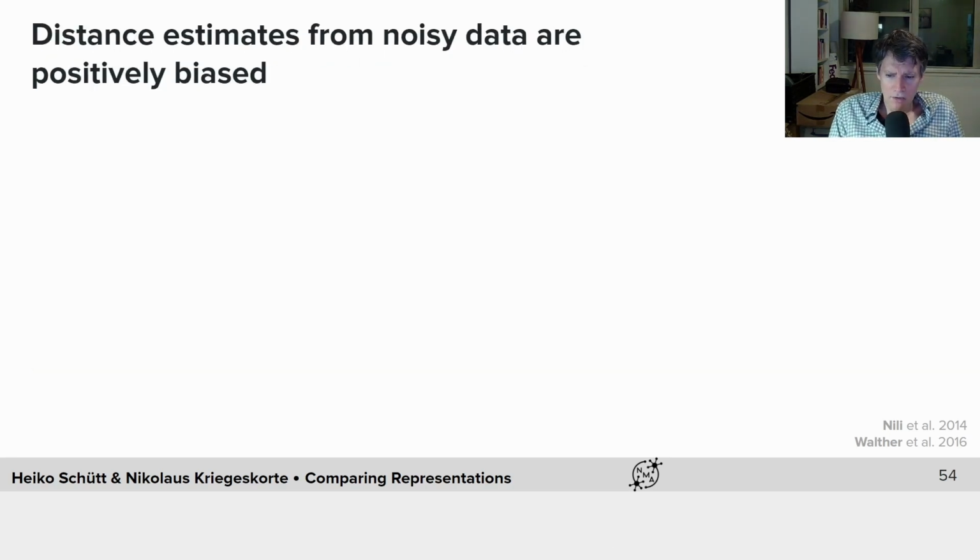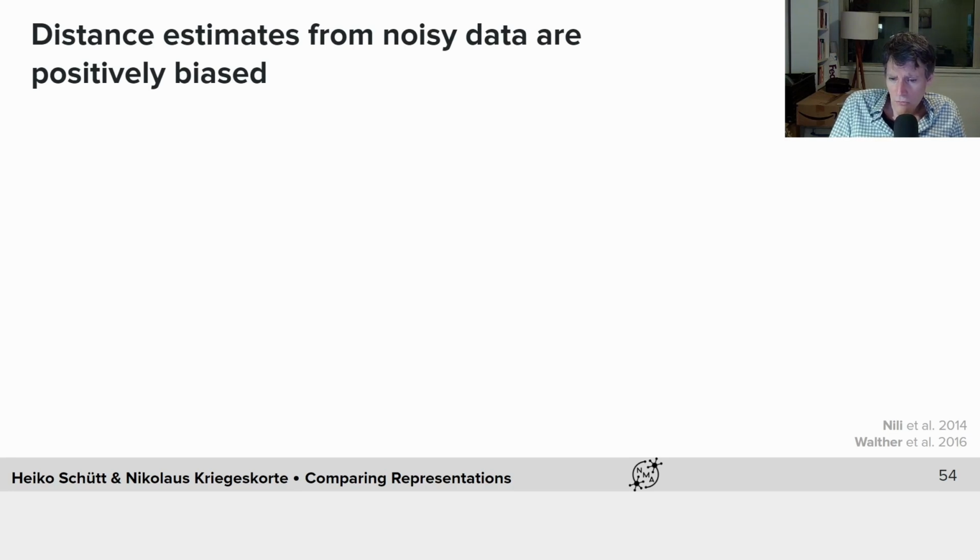The second important consideration in estimating distances is that distance estimates from noisy data are positively biased. One very quick way to understand this is to think of the case where two stimuli elicit exactly the same true activity pattern. So the true distance is 0, but now we get these noisy estimates of both patterns.